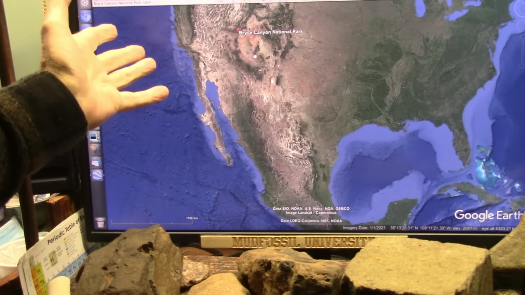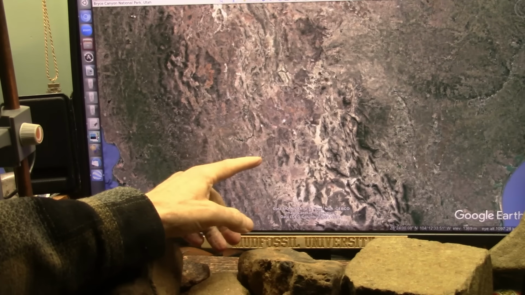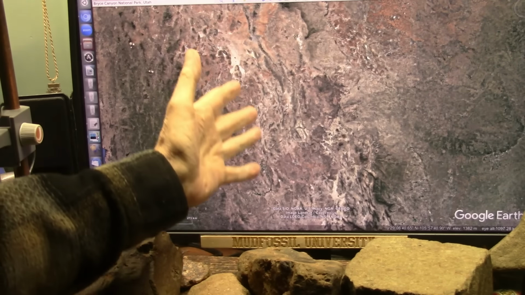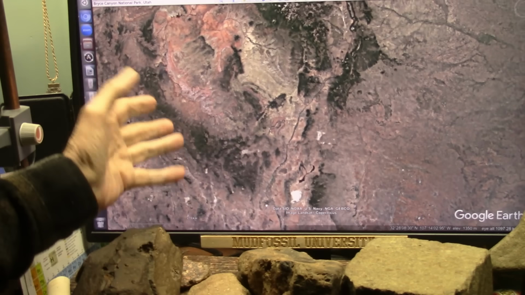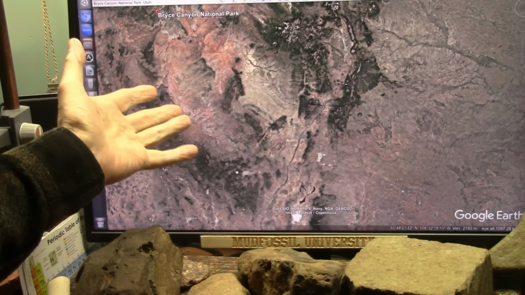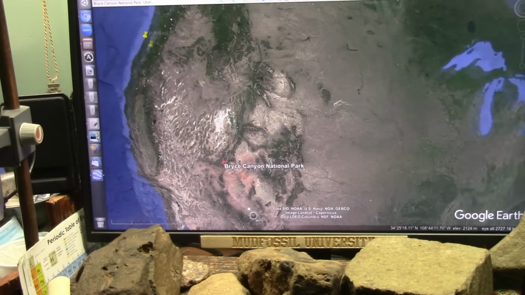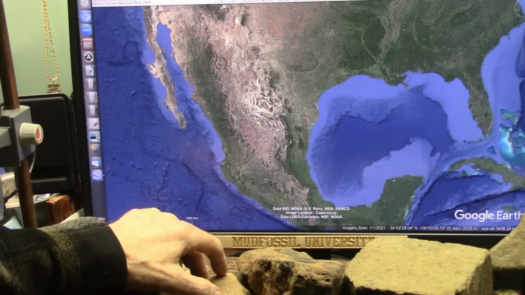It didn't just go nowhere. It's down here. You see? We get back up to where we're in the bowels of the beast. And it pretty much starts up at right about there and goes to what is now down in Mexico.